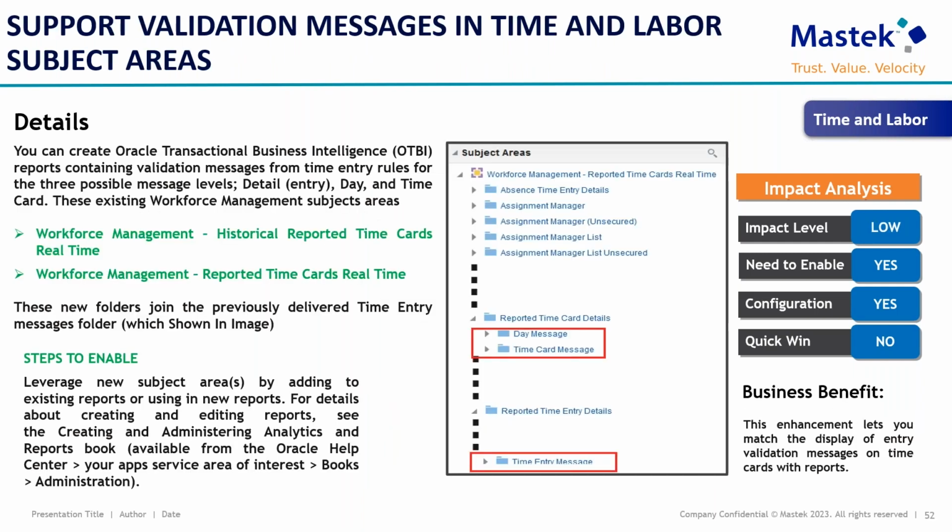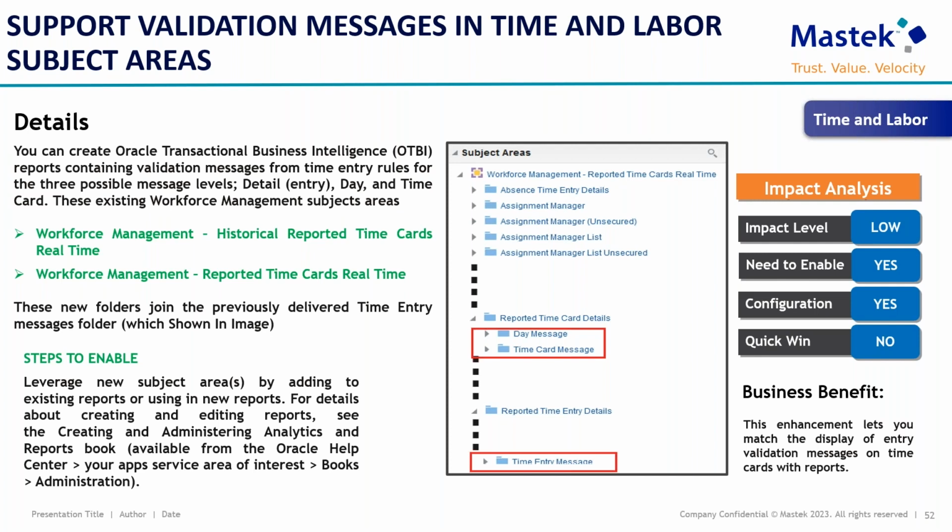The next feature is related to OTBI EE. This feature supports a validation message in time and labor subject areas. So whenever you are planning to submit the time card, you have the privilege to do the validation. And whenever you do the validation, the system populates a message if there is any problem or any incorrect entries.